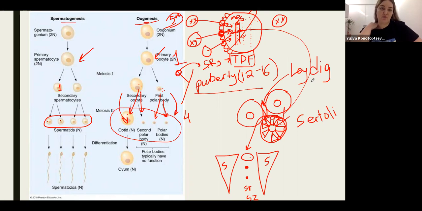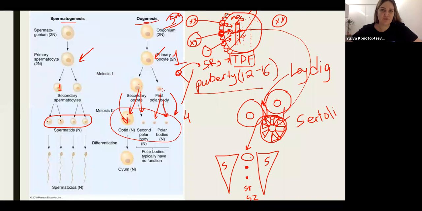What is the origin of the Leydig cell? What do you think? Where did the Leydig cell come from? Where did the Sertoli cell come from? Mesothelial lip, so surface epithelium.